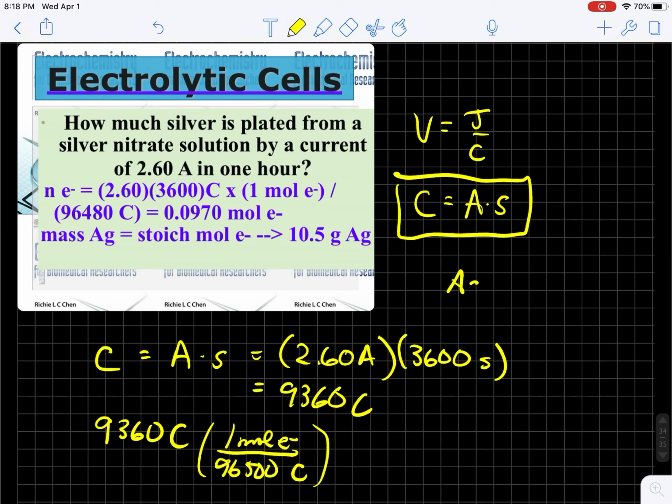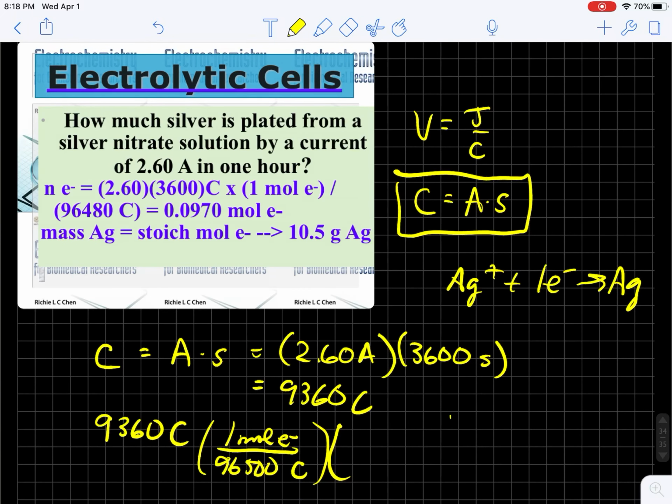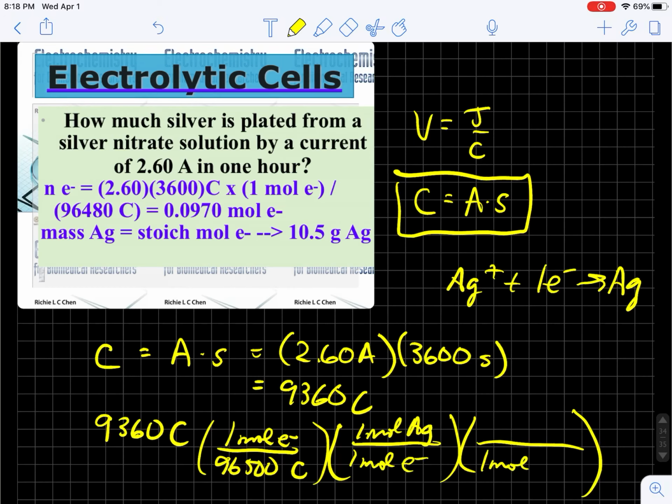Now, in the balanced equation, it was silver ions plus 1 mole of electrons produces silver. So I know that for every 1 mole of electrons, I get 1 mole of silver. And from there, I can calculate the grams of silver. 1 mole of silver, I look up silver, it's 107.868, I think.